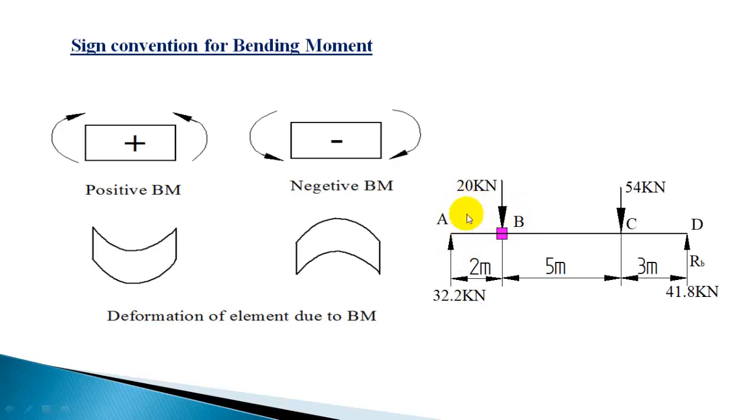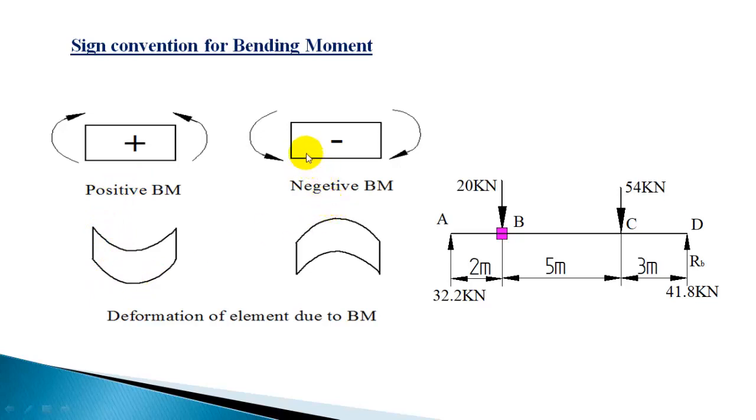A downward force here would produce an anti-clockwise rotation, and that should be considered as a negative bending moment. This kind of bending moment will sag the beam element, and this kind of sagging is considered as positive bending moment. If a beam sags under the action of bending moment, that is considered as positive bending moment.